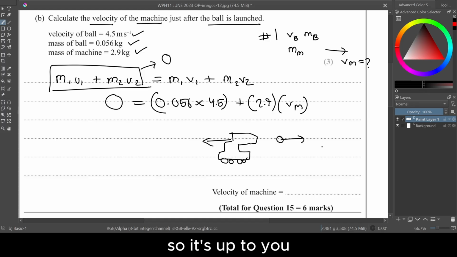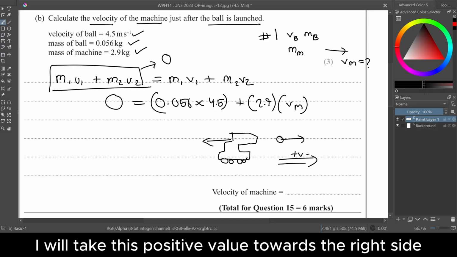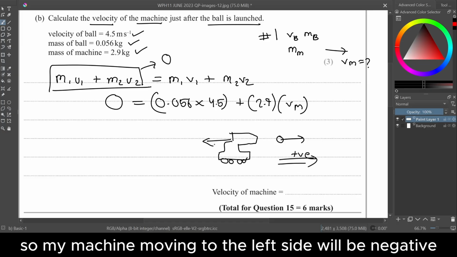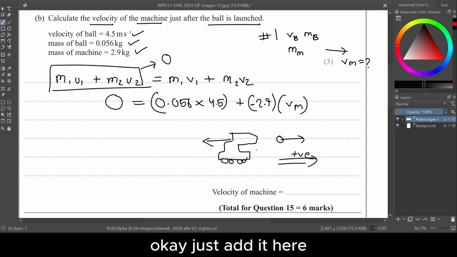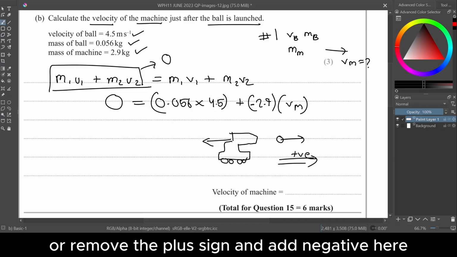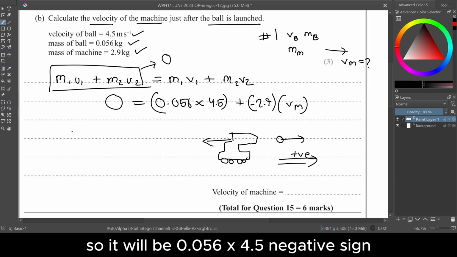Okay, so it's up to you whatever direction of motion you want to take as positive. So I will take the right side as positive, so my machine moving to the left side will be negative, right? So I can just add this negative sign right here. Just add it here, or remove the plus sign and add negative here. It's up to you.